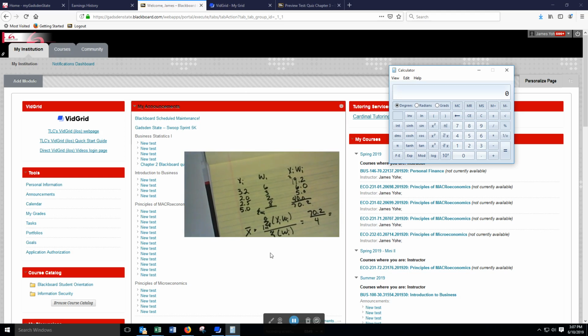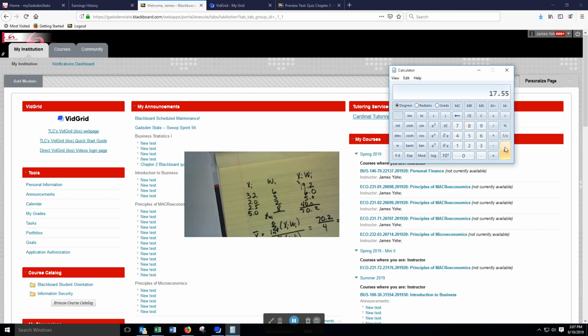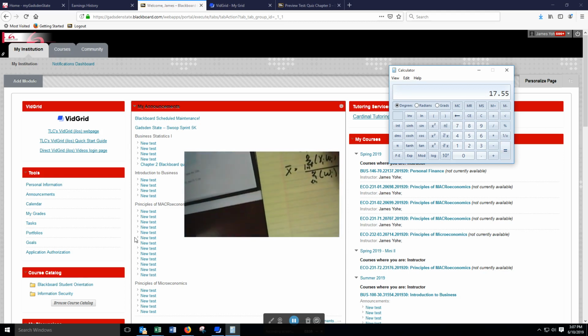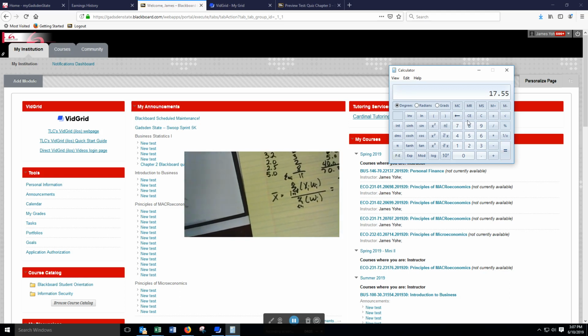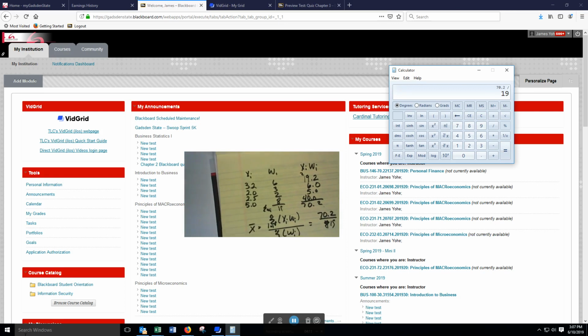So I'm going to take 70.2, and I'm going to divide it by those 4 observations. I'm sorry, my fault. That's not 4. My fault. 9, 11, 19. I'm going to divide that by 19. So we're going to take 70.2, and we're going to divide it by the sum of the weights. The weights are here.